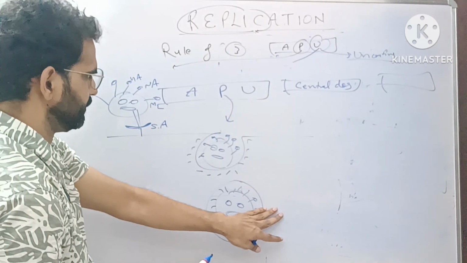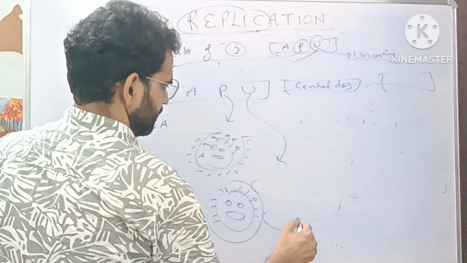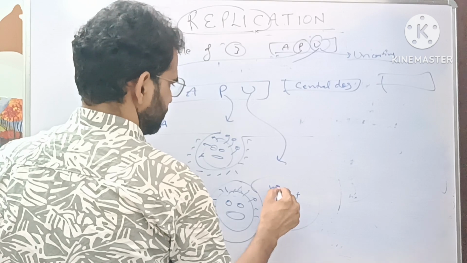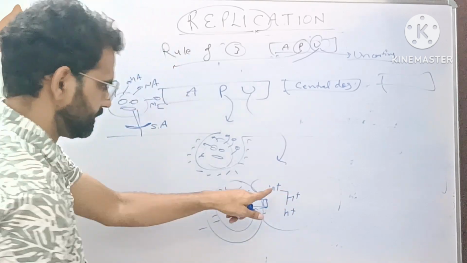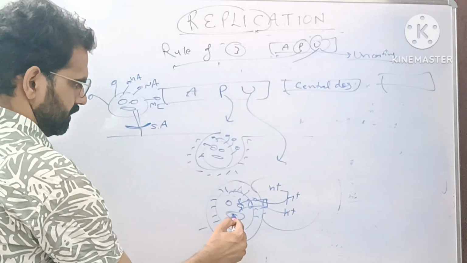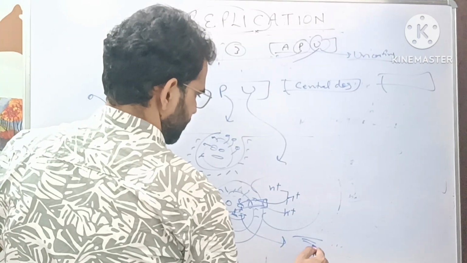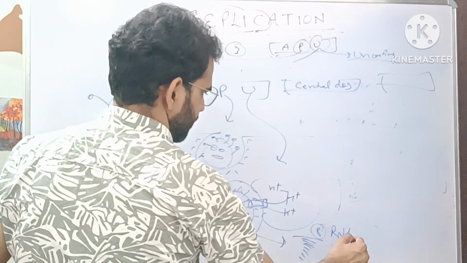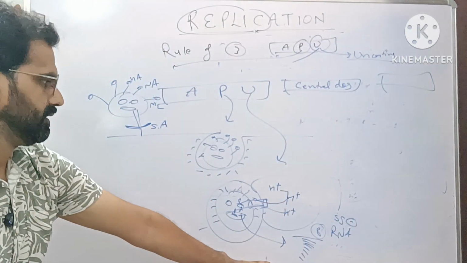Then lysosome fuses. Then what comes, the steps of uncoating. This is the lysosome, which is filled with protons, and M2 channels allow these protons to enter inside, and what comes out, the 8 segmented genome, that is RNA, which is single stranded negative sense.